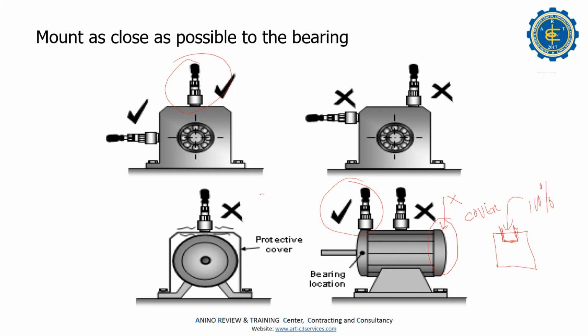Then you tell them, I have a friend in Saudi Arabia. They make a provision for the accelerometer for collecting vibration data. They will approve it. That's only a cover. You make a hole, no problem.